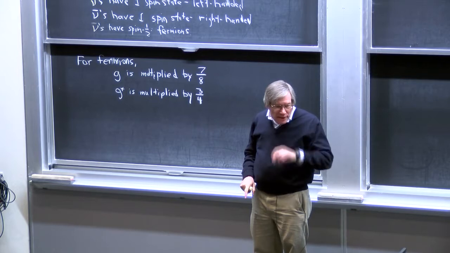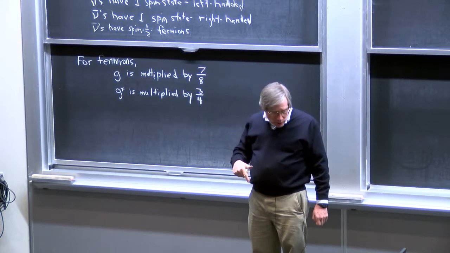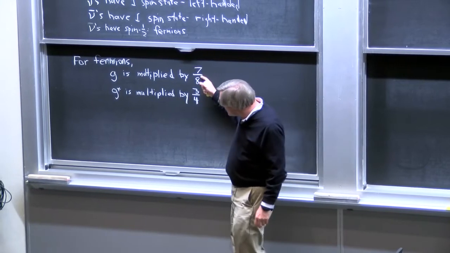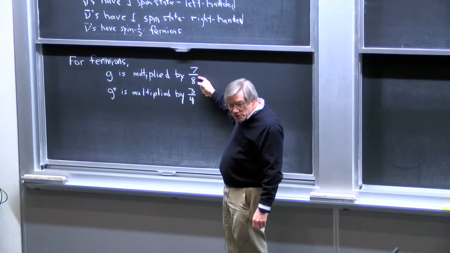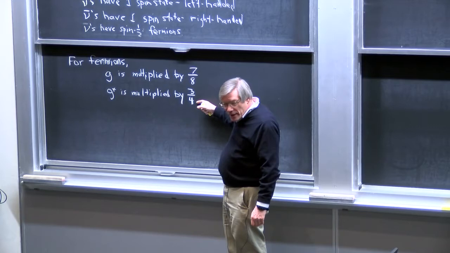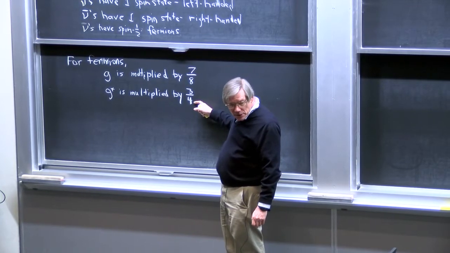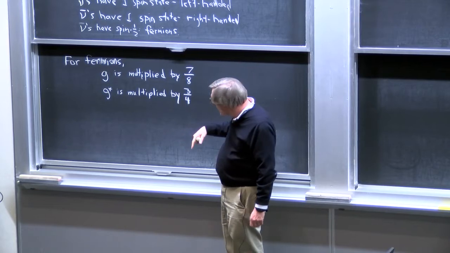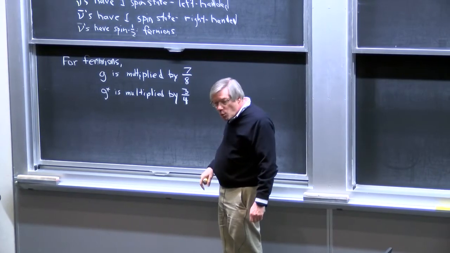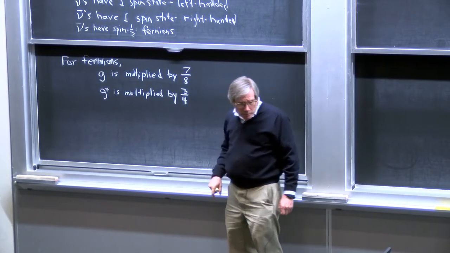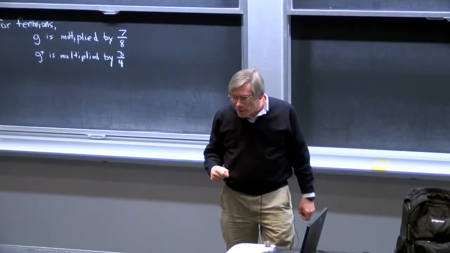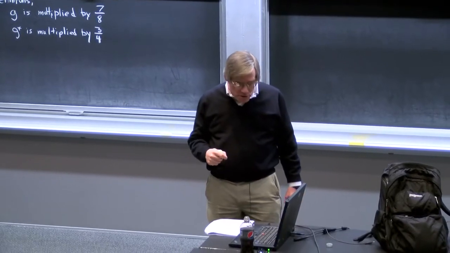So if you want to calculate the average energy per particle at a given temperature, we would take a formula which has a g in it for the energy density and divide it by a formula that has a g star in it for the number density. The energy density divided by the number density is just the energy per particle. And this tells us that we'll get a number that's bigger than 1 for the fermions. So for fermions, there's slightly more energy per particle than there is for bosons.